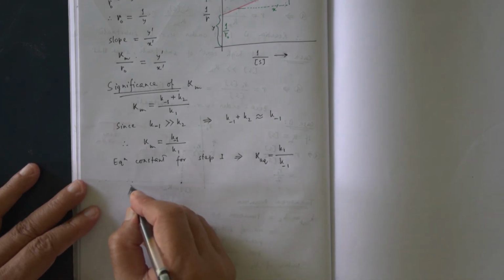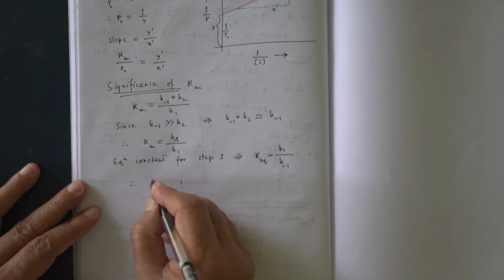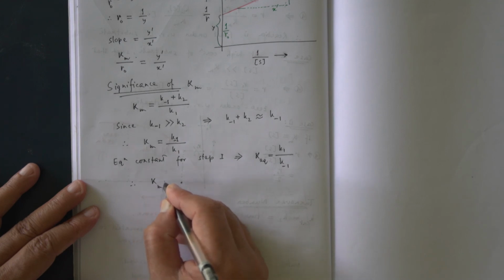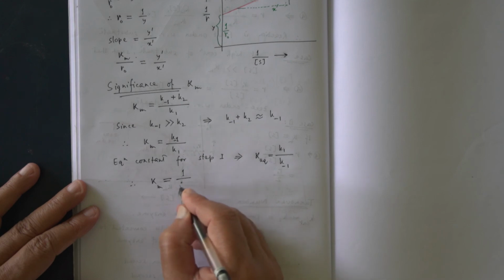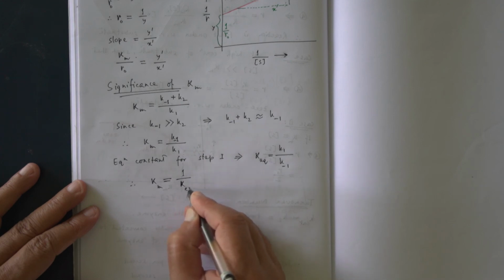Hence you see, Michaelis constant is equal to 1 by k equilibrium.